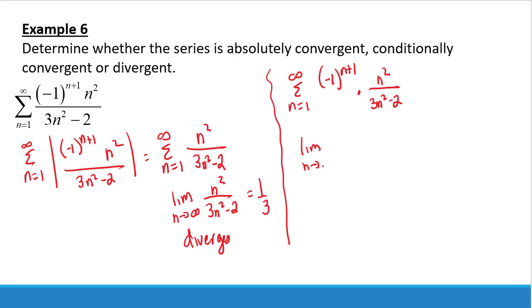So this diverges, and I would say it diverges by the nth term test, because the alternating series test essentially fails. We know it's not convergent, but we can't use the alternating series test to say something is divergent. We can only prove that it is convergent with that test. Hopefully that makes sense.